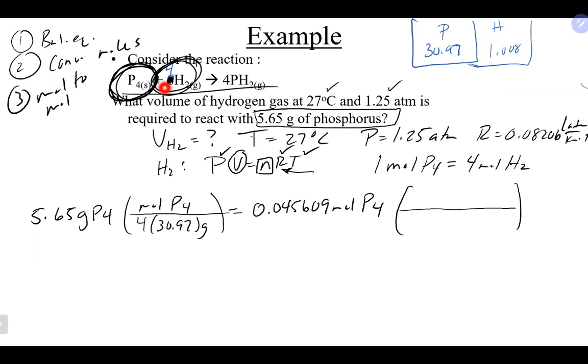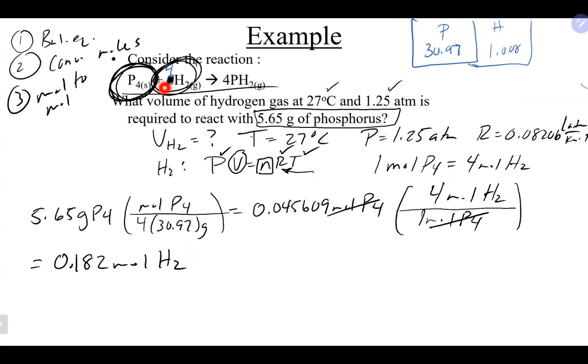We would get 1 mole of P4 on the bottom, gives us 4 moles of H2. So again, these cancel. We're going to times that by 4, and that's going to give us basically 0.182 moles of H2. Any questions on that there?